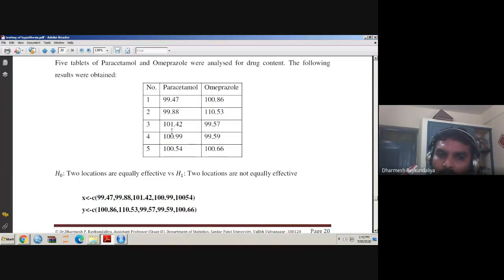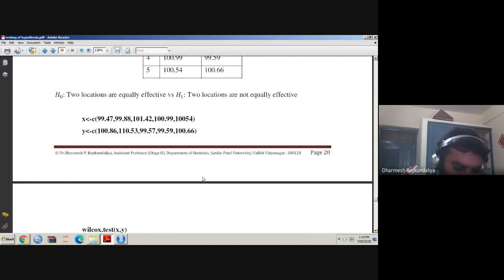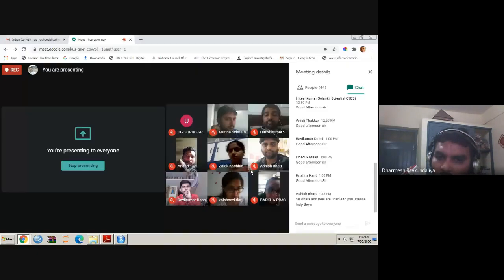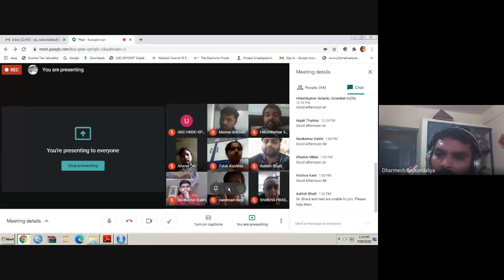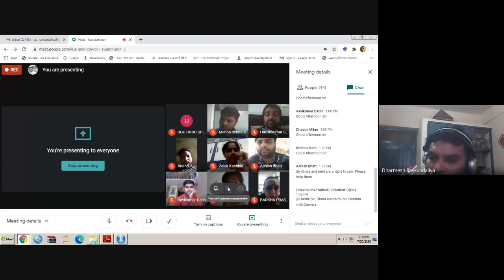Because both the drugs are different, it means they are independent. And when they are independent, then if you wish to compare the location, we have to apply the independent two sample t-test.